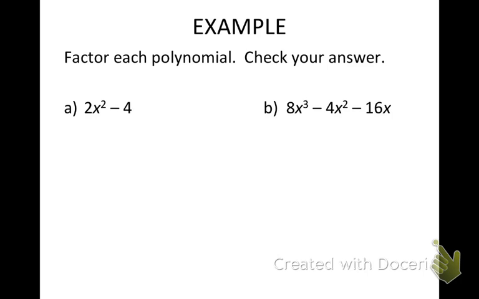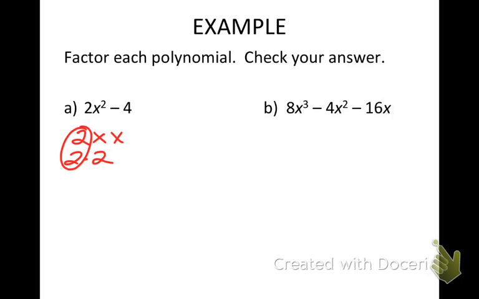Now I'm going to write it all out just for the first few. What are the prime factorizations of 2? Just 2. Good. How many x's would there be? 2. What are the prime factorizations for 4? 2 times 2. Ignore the negative for now. So the GCF would be what? Just a 2. There are no x's there.